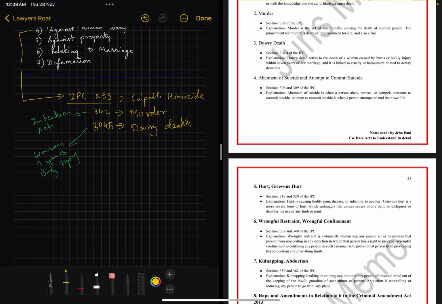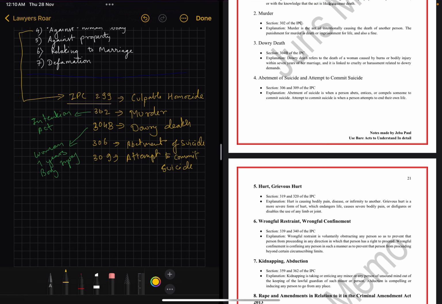It is an offense under 306, abetment of suicide, and then 309, attempt to commit suicide.